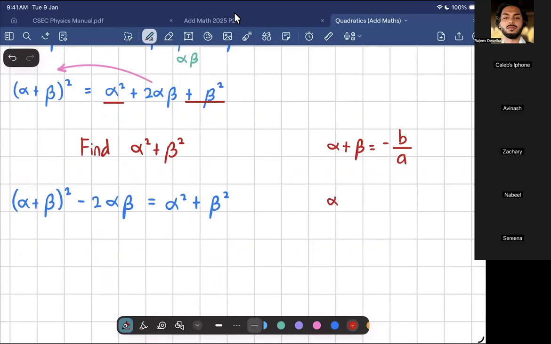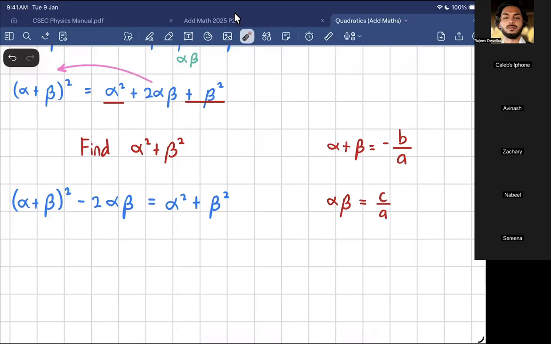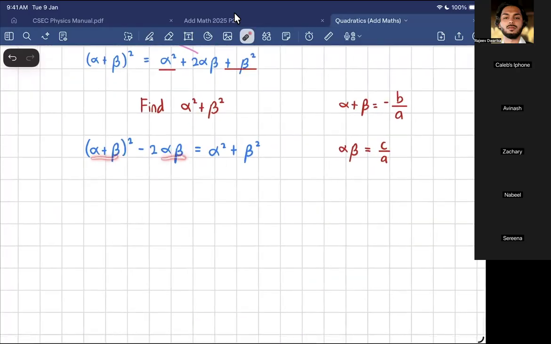Do you know what the formula for alpha beta is? Talk to me, Nabil. C over A. Right, it's C over A. So did we accomplish our goal of finding what alpha squared plus beta squared is in terms of the sum and the product of the roots? Yes, sir. Right.